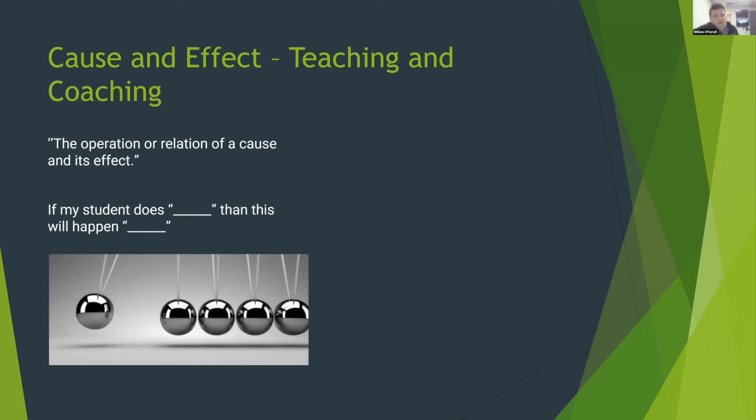So when we're looking at the golf swing, if I change my student's grip, is that going to close the face? Or if I get him more bent over, will he stay in better posture? So we want to be thinking about what is going to happen with the change that we're making.